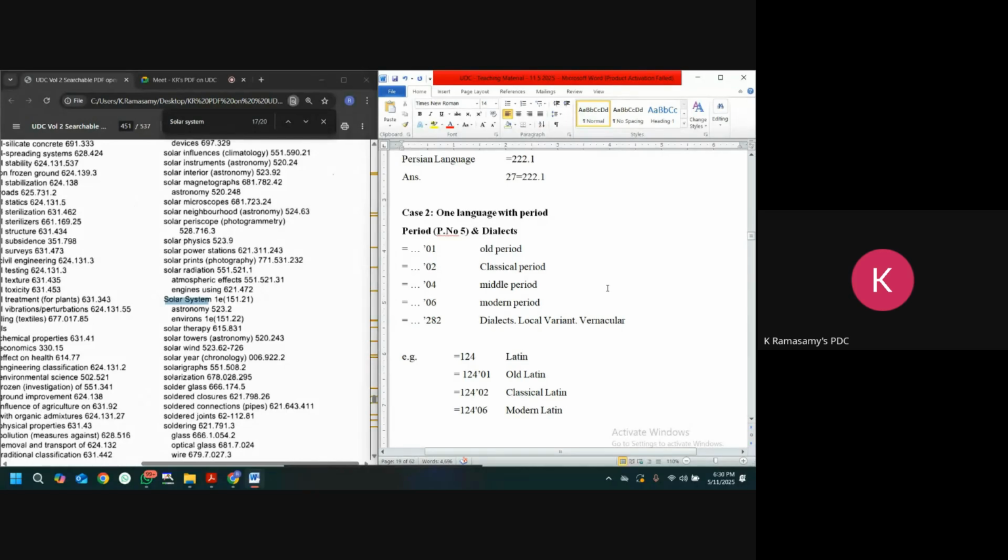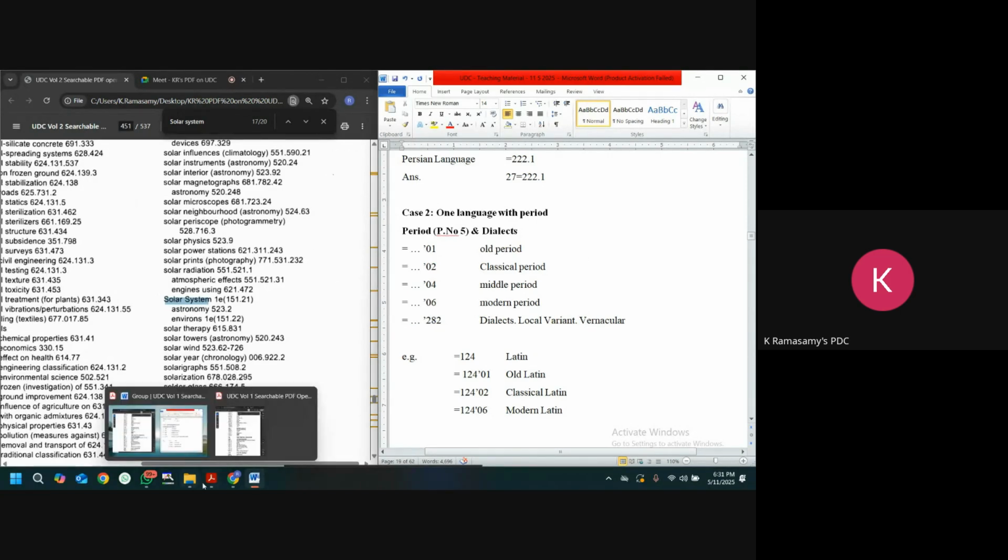And what about the period? Suppose you want to mention the period, whether the language is old period English, classical period English, middle period English, or modern period English, that is a vernacular local language. Or you want to say old Tamil, classical Tamil, middle Tamil, modern Tamil, or old Hindi, classical Hindi, middle Hindi, modern Hindi. To mention that, I'll show you.